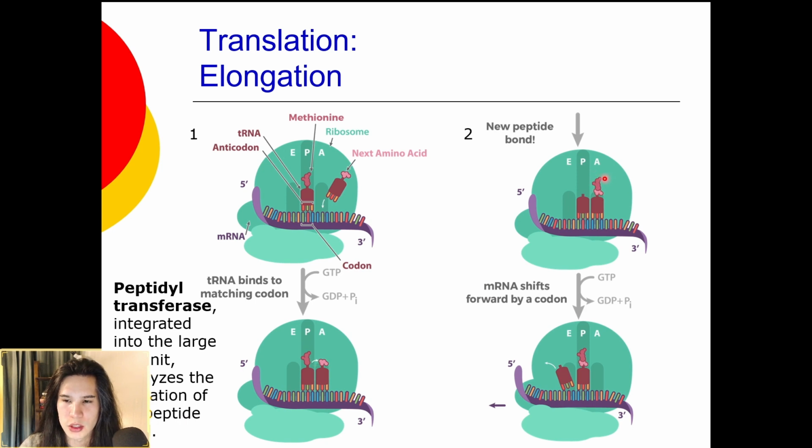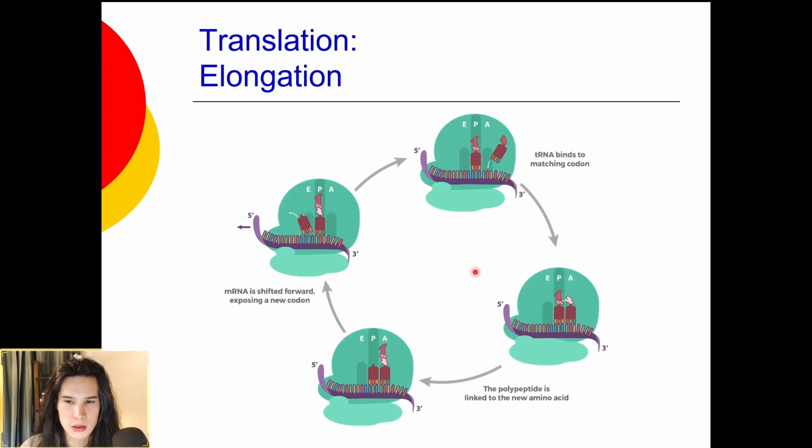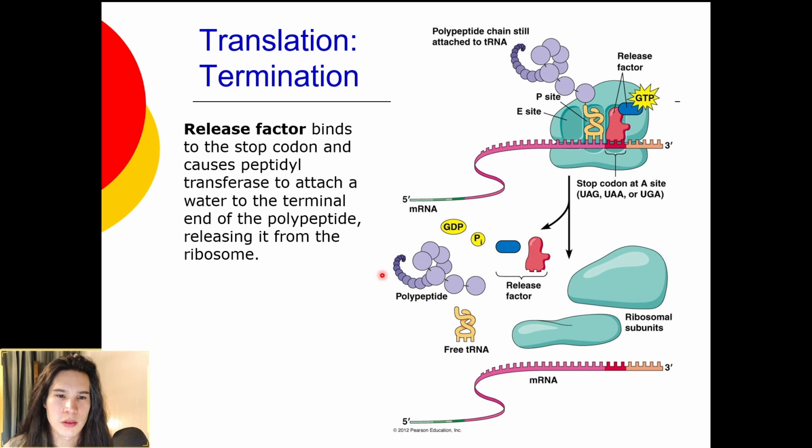So we've got the 2 amino acid chain here, which is then moved into the P site, which kicks out the old amino acid carrying tRNA, and then it moves on to pick up another amino acid and so on. It's recycled.